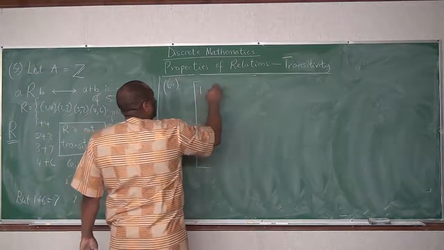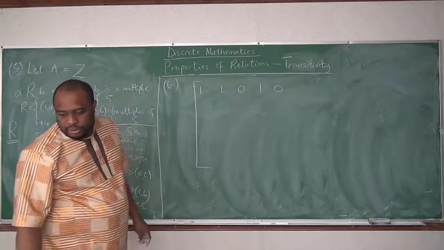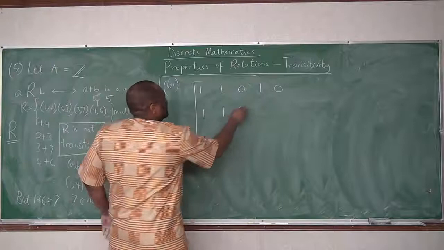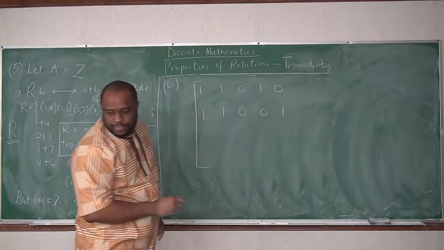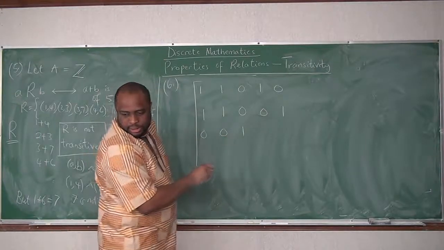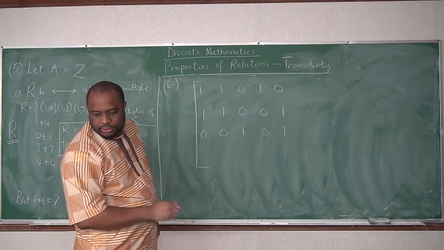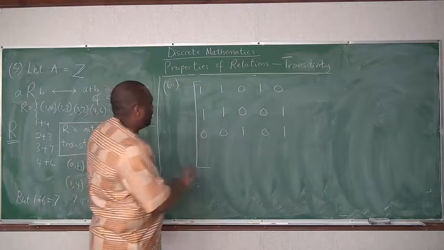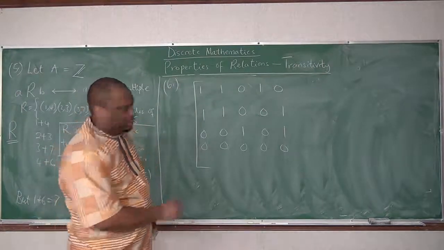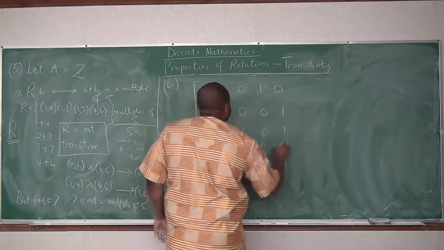So you have 1, 1, 0, 1, 0; 1, 1, 0, 0, 1; 0, 0, 1, 0, 1; 0, 1, 0, 1, 0; 0, 0, 0, 0, 0; 0, 1, 1, 0, 1.